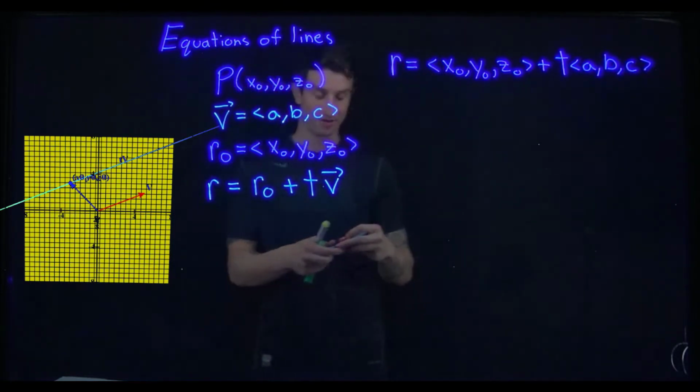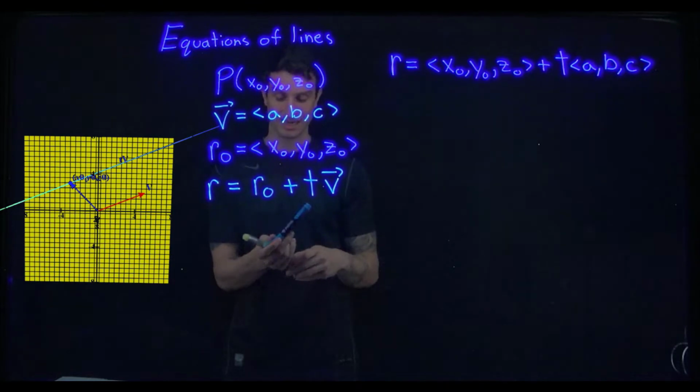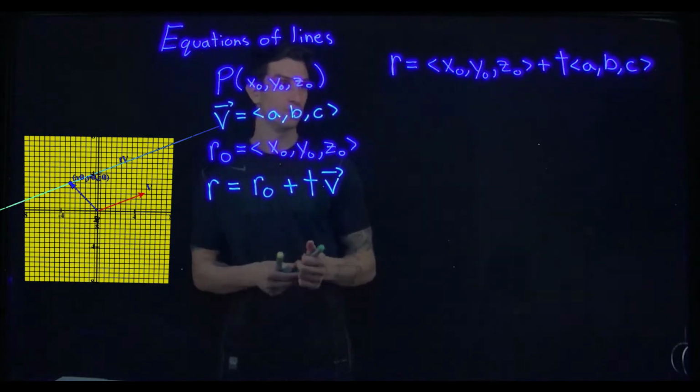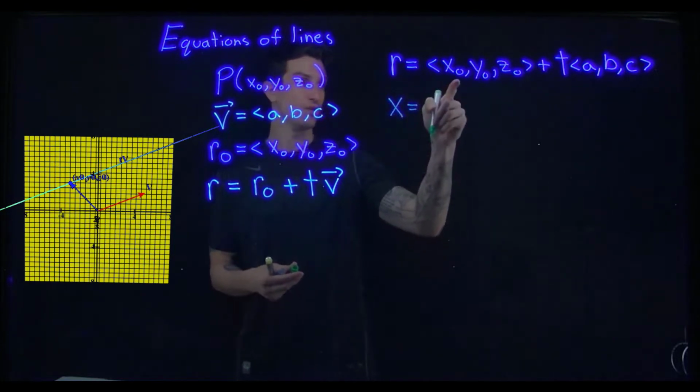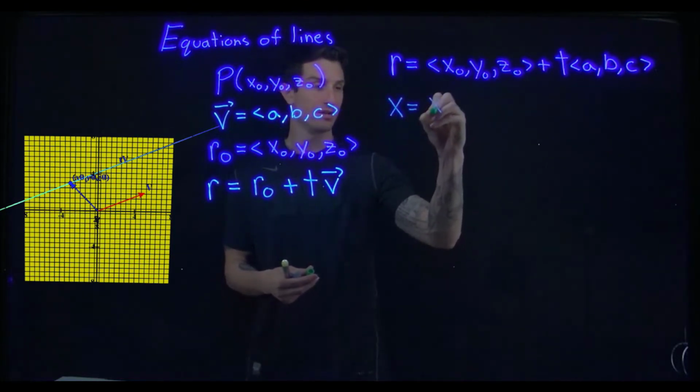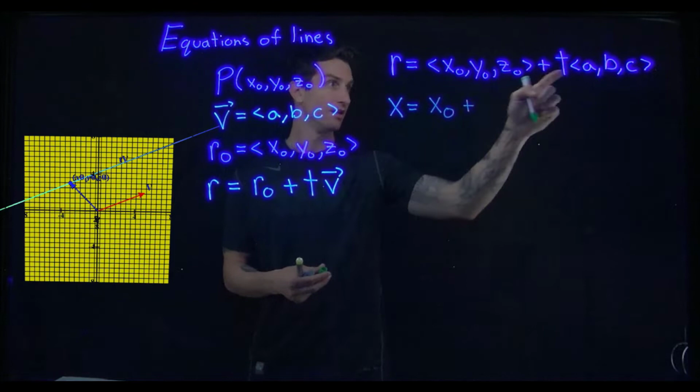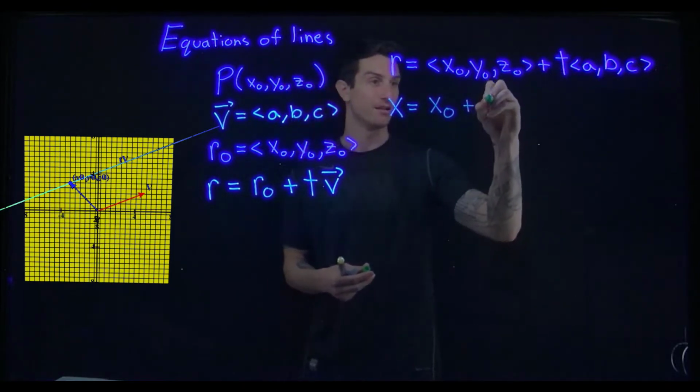Now we can start to define x, y, and z. So let's define x as equal to x naught plus the scalar t times a.